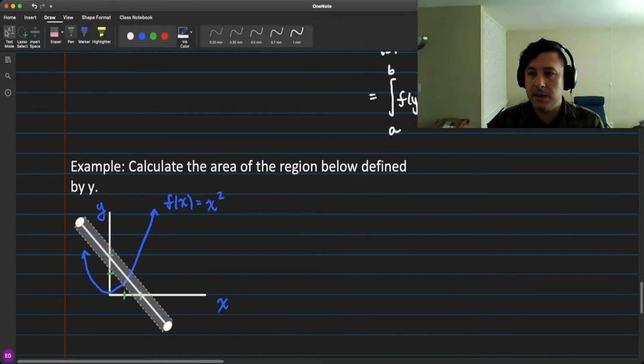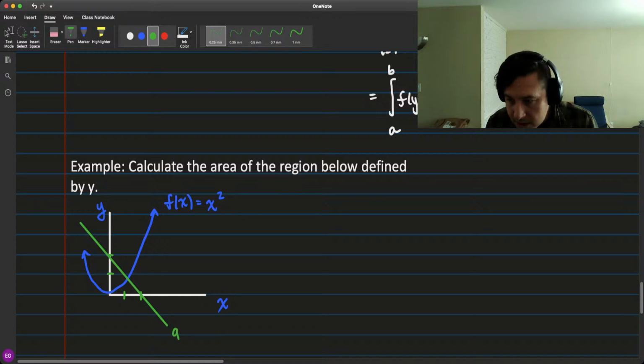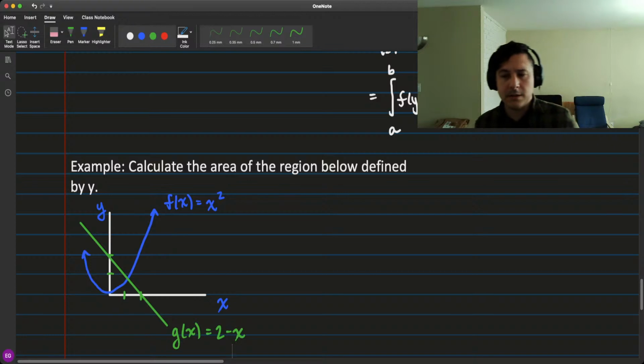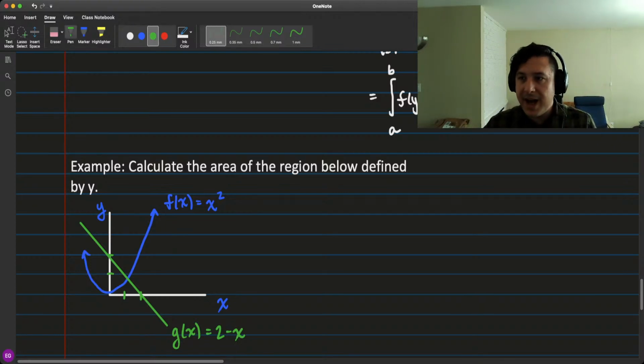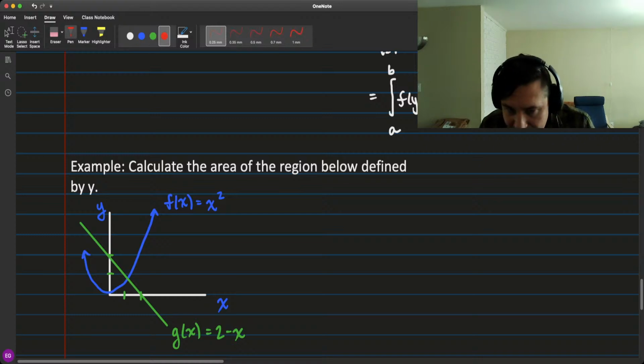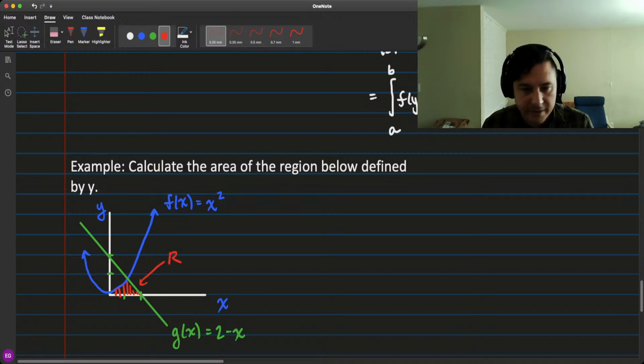This is now g of x equals 2 minus x. And I want this region right here in red. R for region.